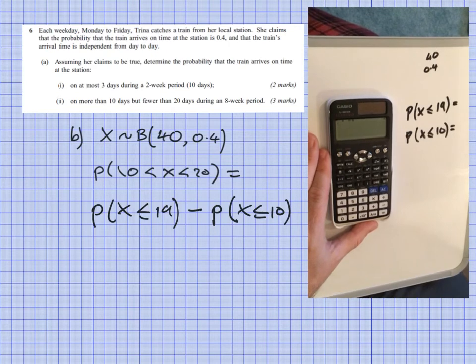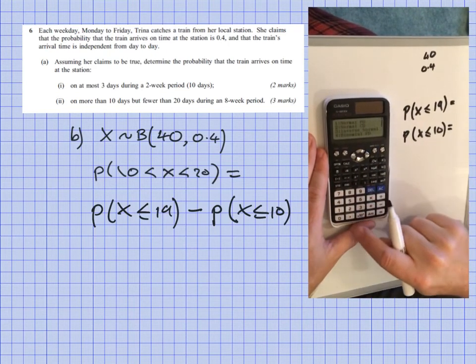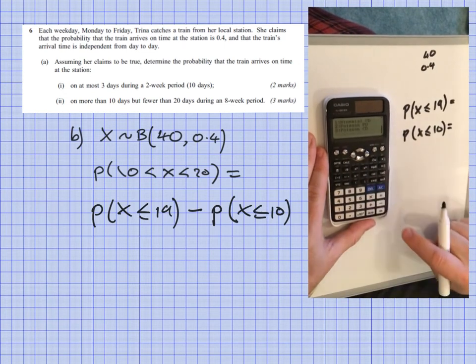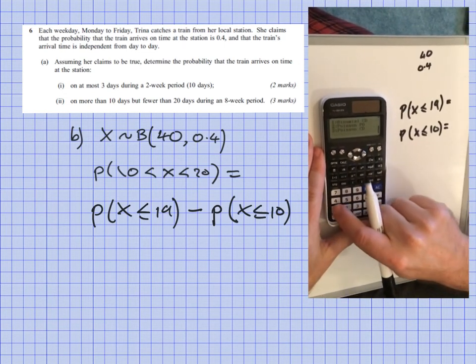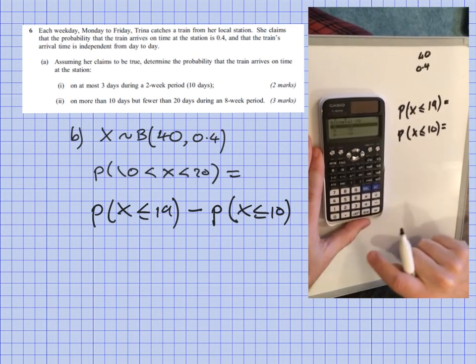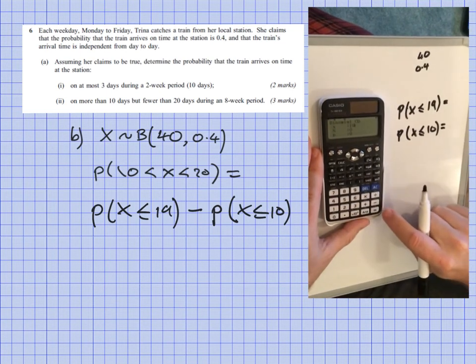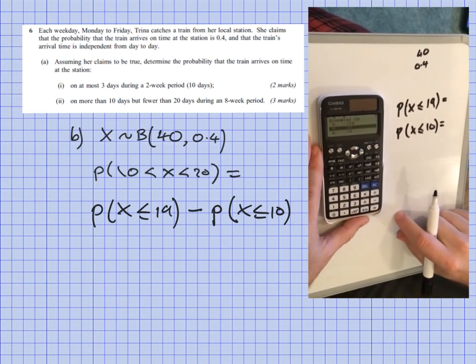Once again, we need to set the calculator into mode 7. We're choosing the CD, because we want the less than or equal to. We know the numbers, so choose variable. Our numbers here, we need to put in 19 first, because that's our x value.